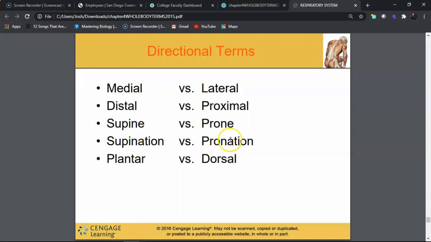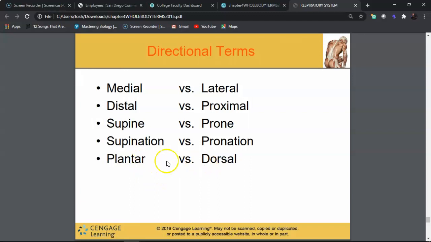If we flip over our hand and put our palm down, then that term is pronation. Supine and prone refer more to our entire body position, whereas supination and pronation oftentimes refers to movement of our forearm, whether or not our palm is up or down, although our body can also supinate and pronate as well, but that oftentimes refers to our forearm position.